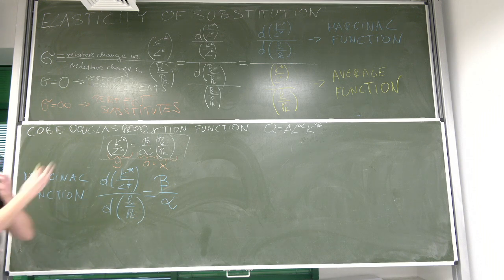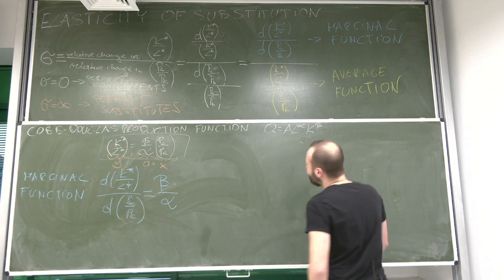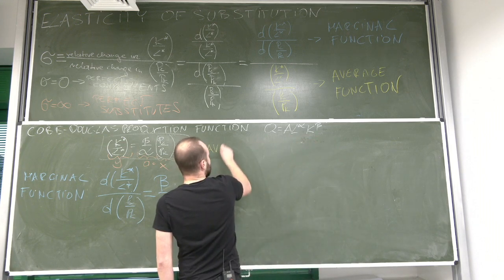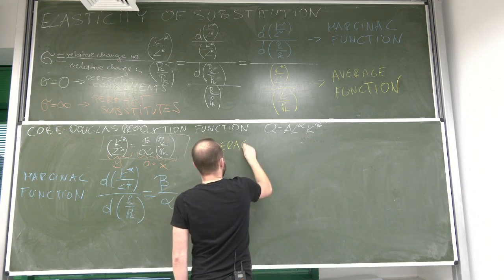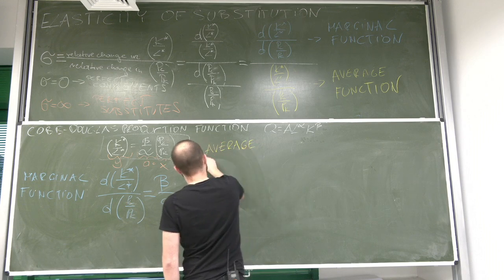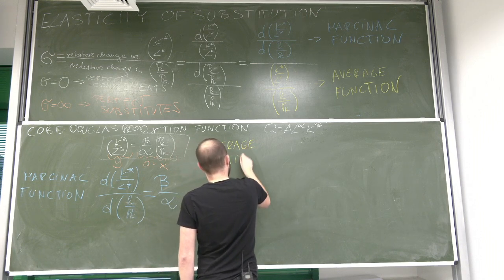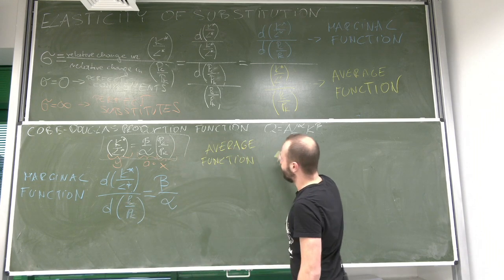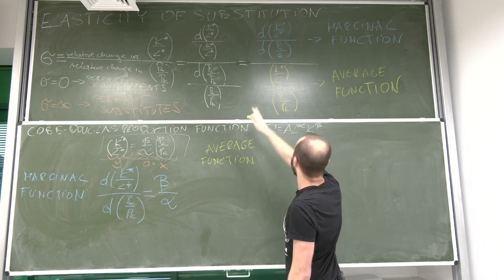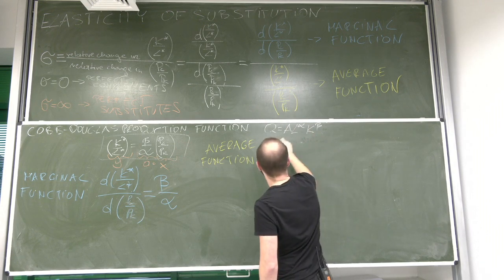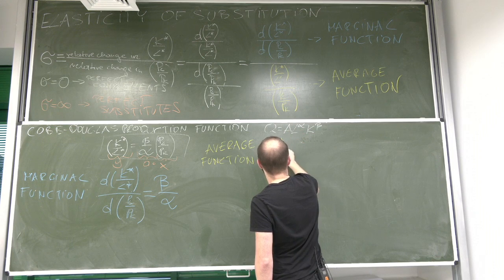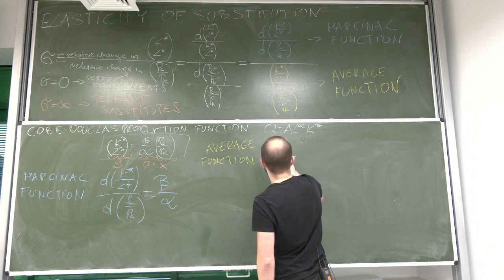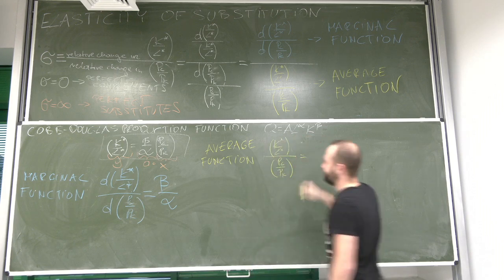What about the average function? In the case of the average function, what we need to do is to calculate capital to labor, divided by PL over PK, so the price ratio.